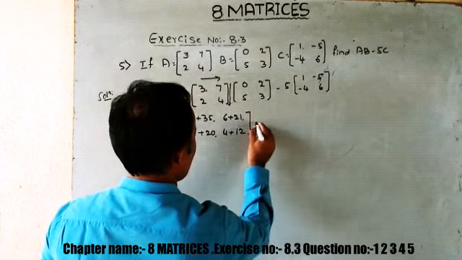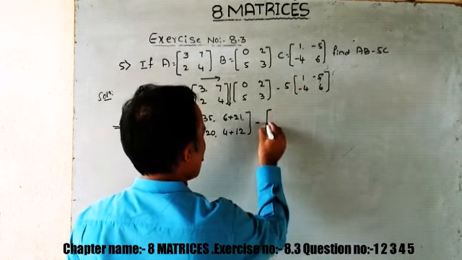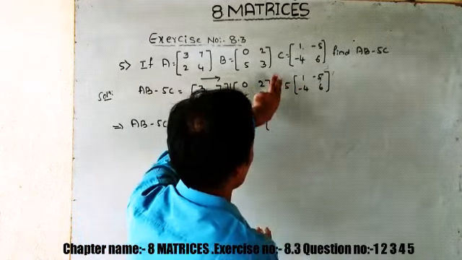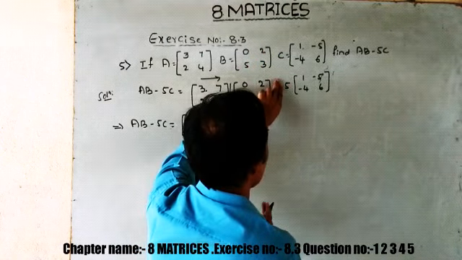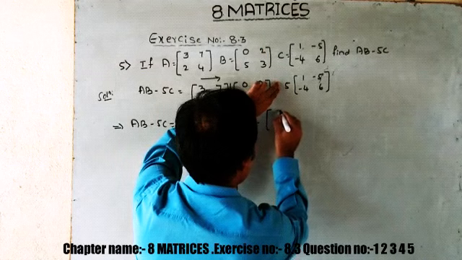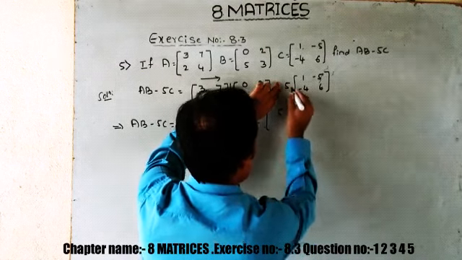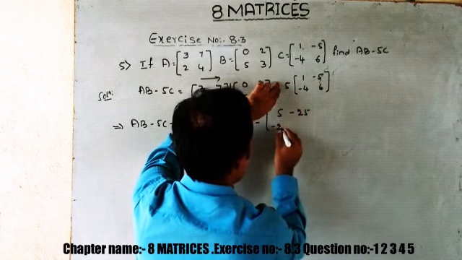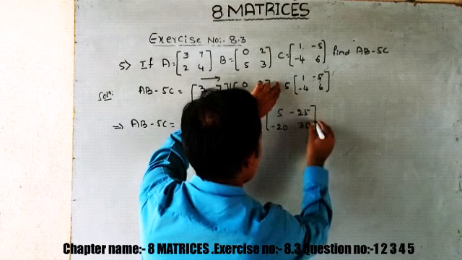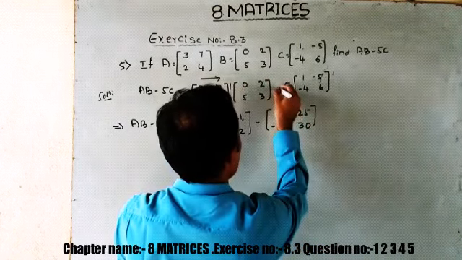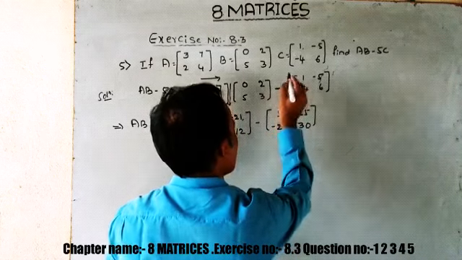So next one, multiplication of a matrix by scalar. Multiply all the elements by plus 5. Don't consider this sign, plus 5. 5 into 1, 5. 5 into minus 5, minus 25. 5 into minus 4, minus 20. 5 into 6, 30. Don't consider this sign, otherwise you will get confusion, it is wrong. So minus as it is, multiply only by 5.